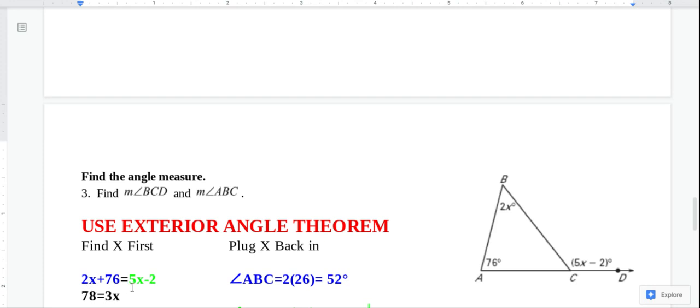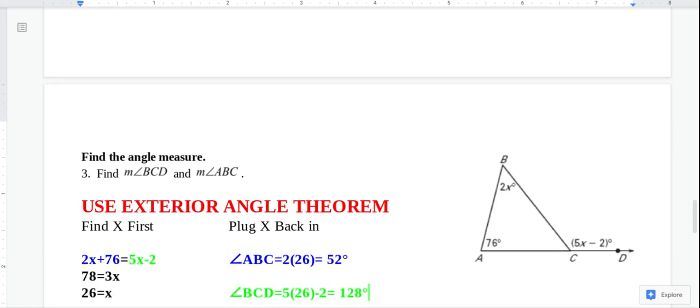Subtract 2x from both sides. That'll give us 3x. Add the 2 over to 76. That gives us 78. Then divide by 3, and x equals 26. Then we can plug x back in. So first for triangle ABC, that's our 2x. We have 2 times 26.